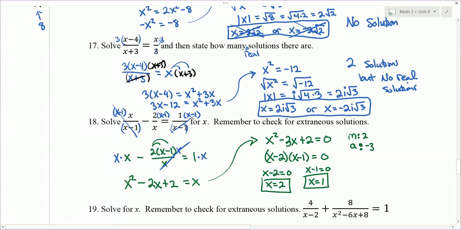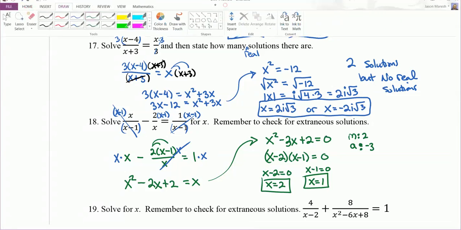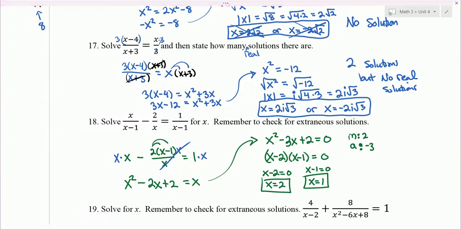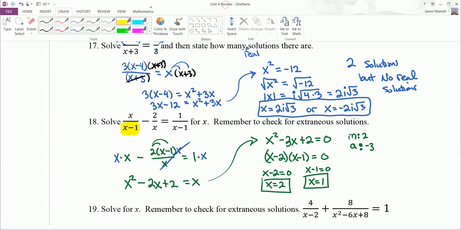Let's go back to our original fractions and make sure these are acceptable. Just focus on the denominators. So if my denominator is x minus 1 and I can't divide by 0, then I can't have x equaling 1.